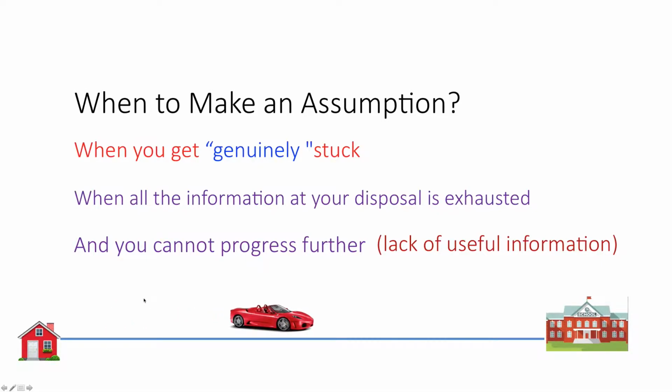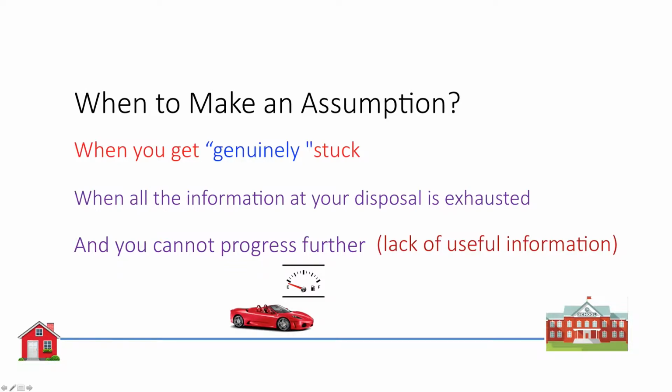You are genuinely interested in reaching the school, but at some point on your journey you get stuck because the fuel has emptied out. It's not that you're not intending to go to the school. It's not that your intention was to bunk the school. It's not that you've deliberately taken the wrong direction. You are making all your efforts, you're moving in the right direction, but if your fuel is empty, you can't help it.